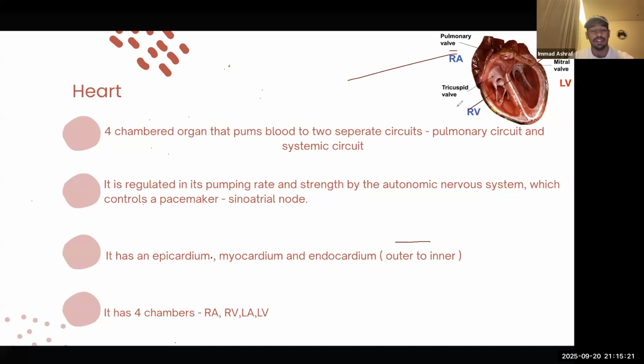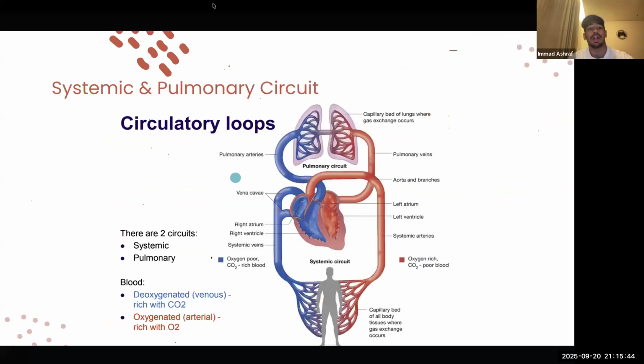And then the left ventricle has the aortic valve, and the right ventricle has the pulmonary valve. These are valves so that the blood only goes into the circulation when you want it to. It doesn't go all the time. Right. So let's move on to the next slide now. This was pretty basic, I would say. Right. Now we'll talk about the systemic and the pulmonary circulation.